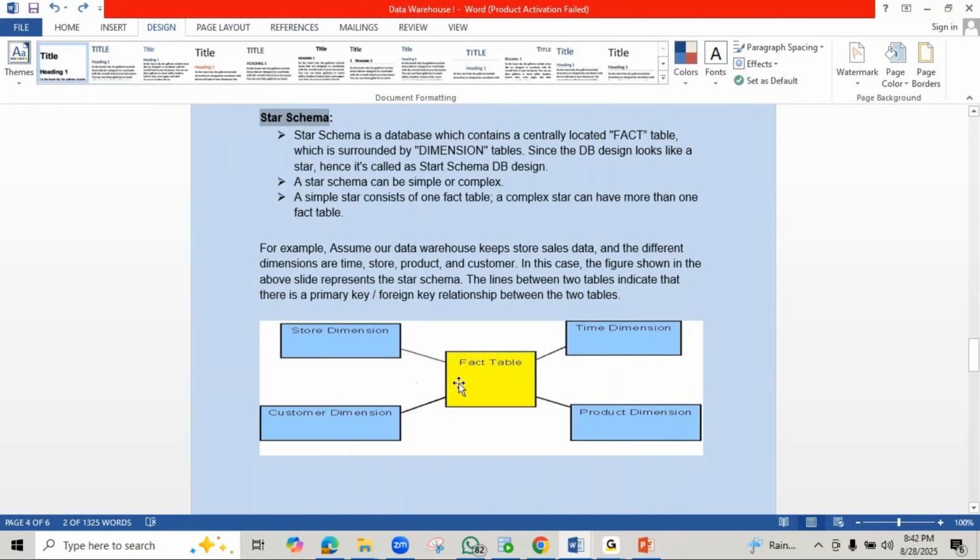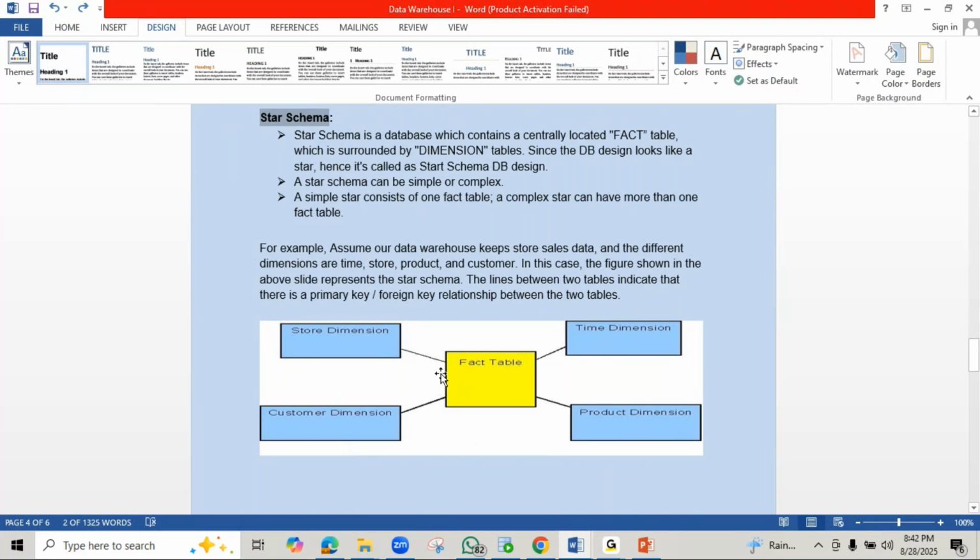Here the fact table will contain the foreign key and the dimension table will contain the primary key. How can you remember? Just remember FF: fact table, foreign key. And DP: dimension table, primary key. The structure of this schema looks like a star, so that's why it is called a star schema.